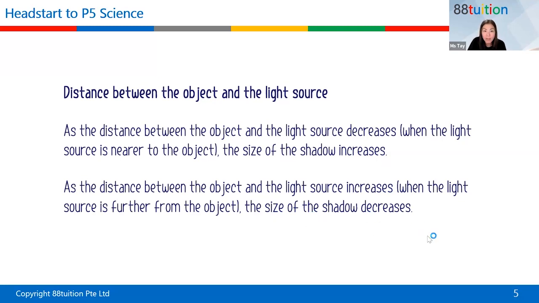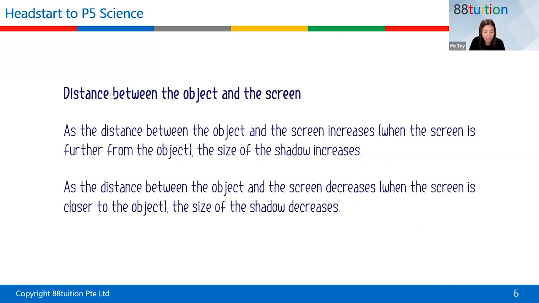So that's one way. Hi, Yankai, I can see you now. Next, distance between object and the screen. As the distance between object and screen increases, the size of the shadow increases. If the distance between object and screen decreases, the size of the shadow will decrease also. So this is pretty obvious.